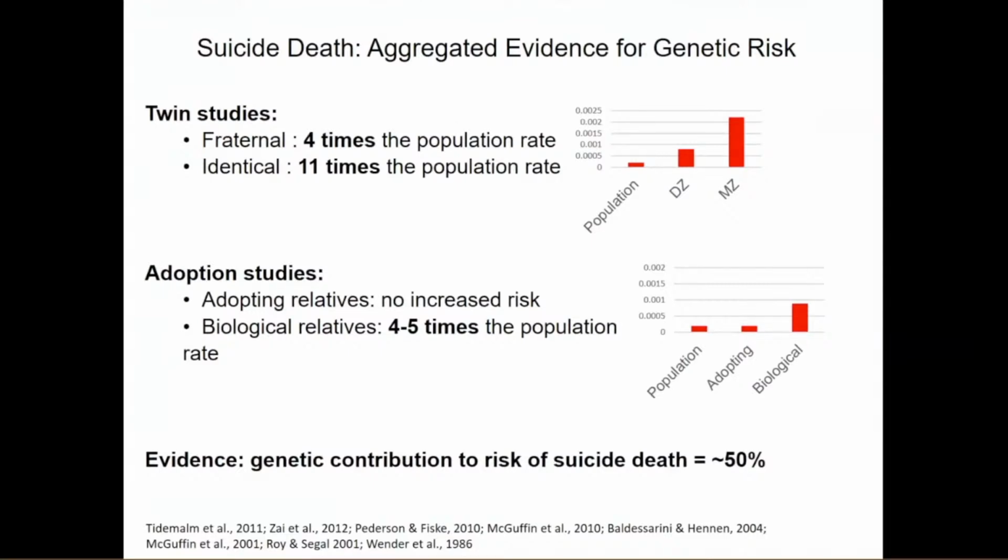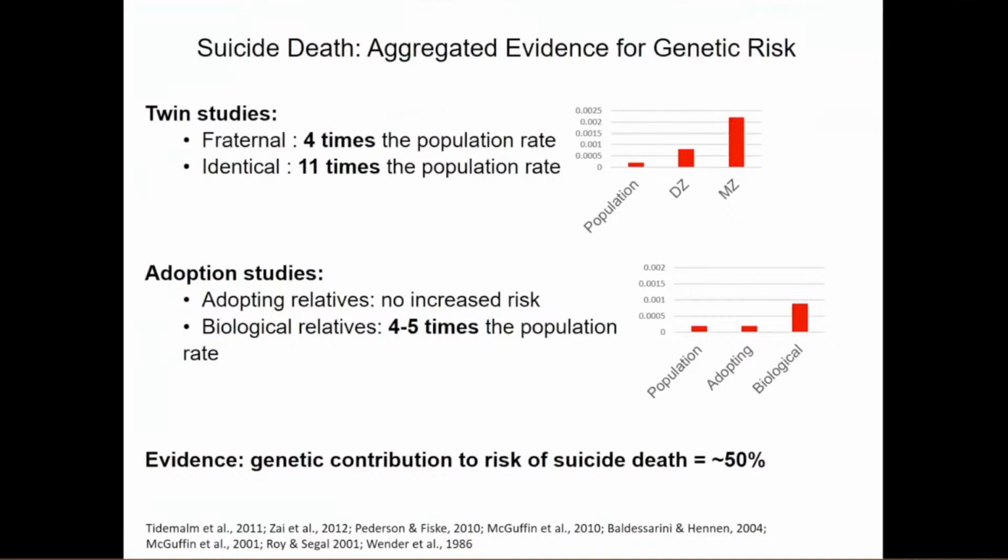Well, for suicide death, we can see in the data here, this is aggregated data across the literature, that identical twins are much more likely to be concordant for suicide death than fraternal twins. Additionally, we can look at adoption studies, where we look at an individual who was adopted and committed suicide, and look at their biological relatives, with whom they share only the genetic risk factors, and then compare that to their adopting relatives, who share only their familial environmental risk factors.